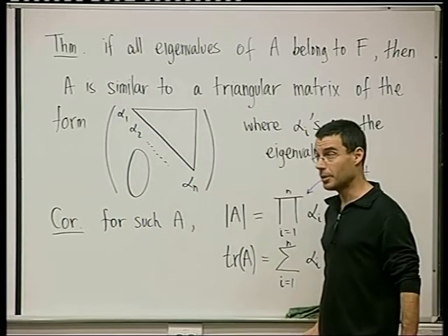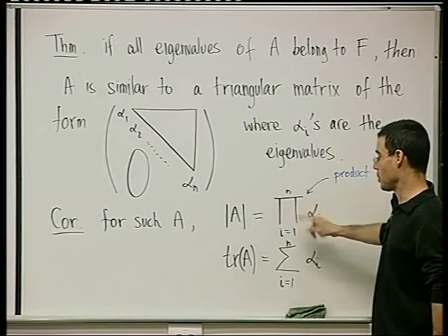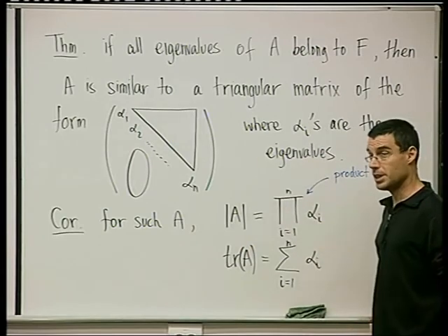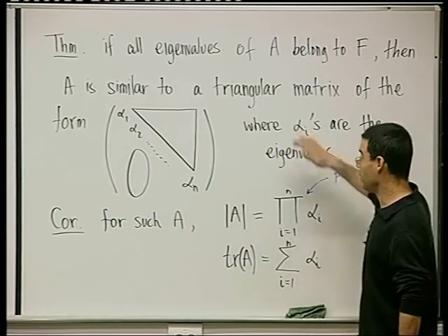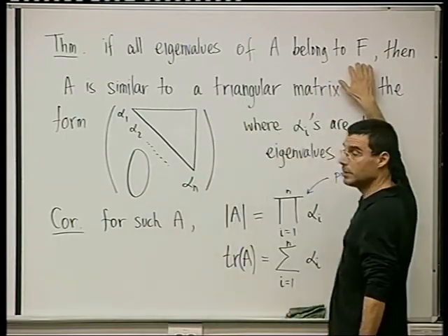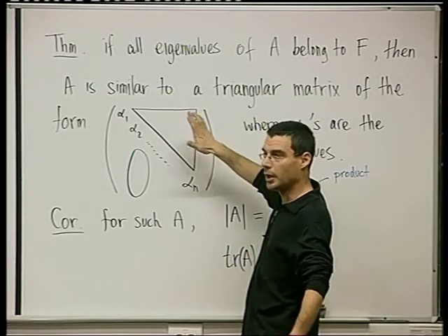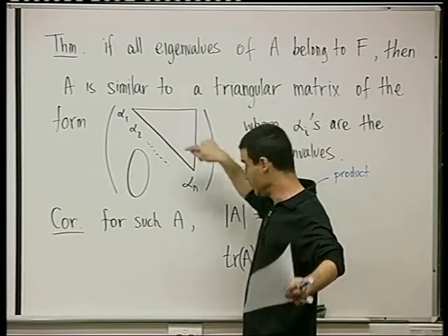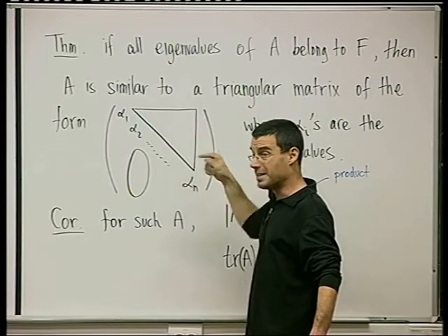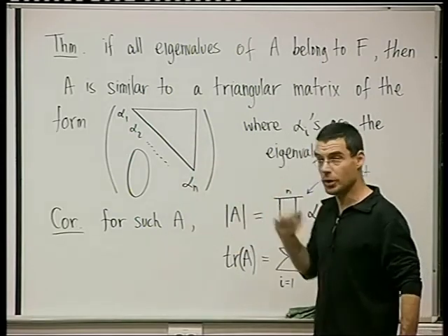So why are these true? Why is this a corollary of this theorem? Because suppose all the eigenvalues belong to the field, then A is similar to a matrix that looks like this. Call it B. It's not A anymore. But similar matrices have the same trace and the same determinant.